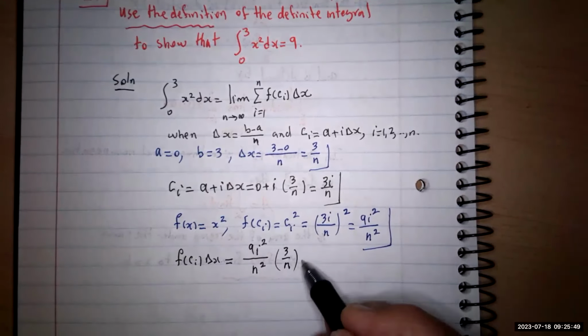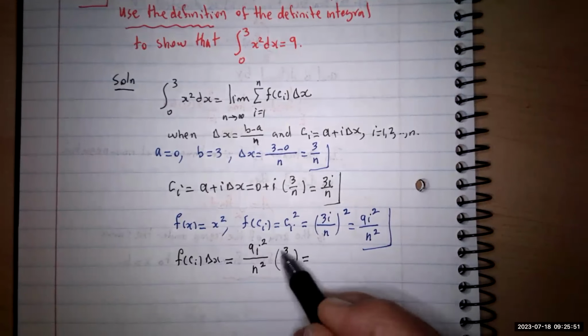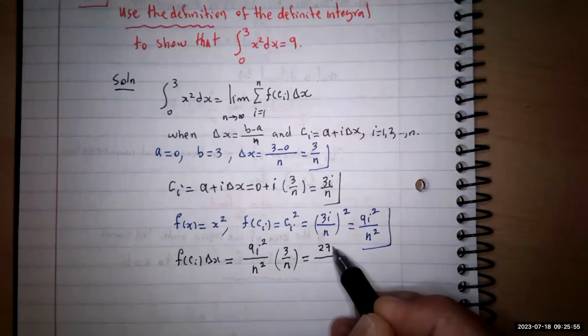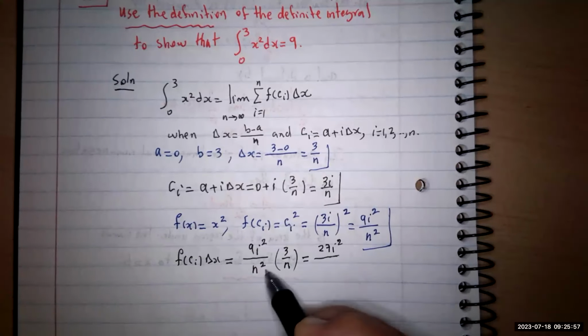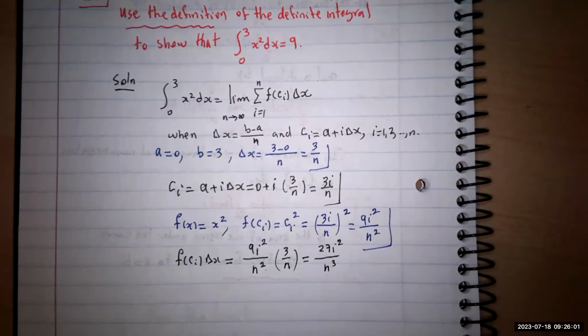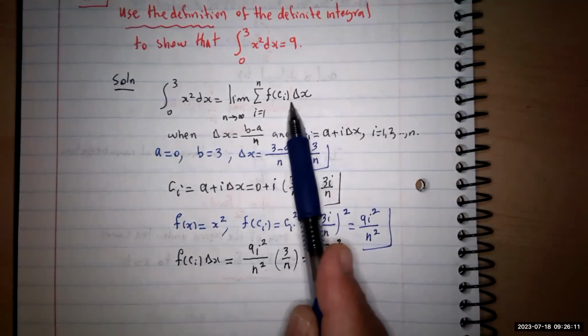You cannot simplify, but multiply 3 times 9, 27, i squared divided by n cubed. That is f of ci delta x. Question?